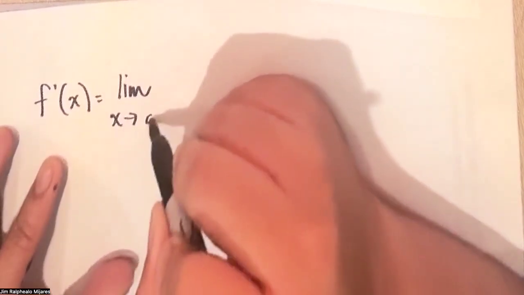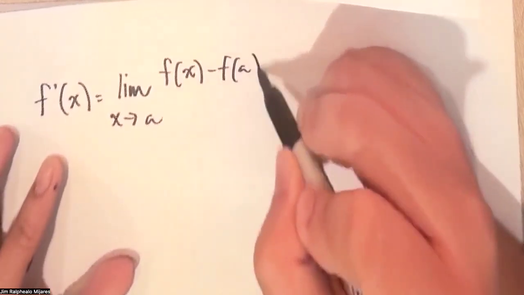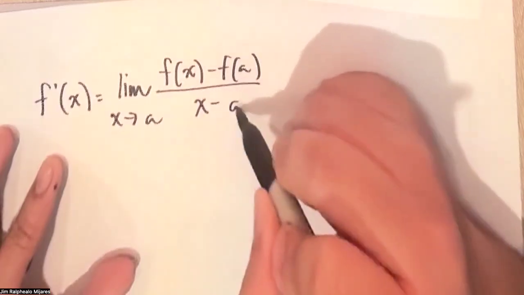But of course, instead of using b, we use the general variable x. So we then say f prime of x is equal to the limit as x approaches a of f of x minus f of a all over x minus a.